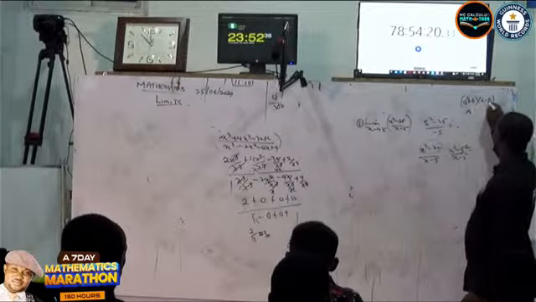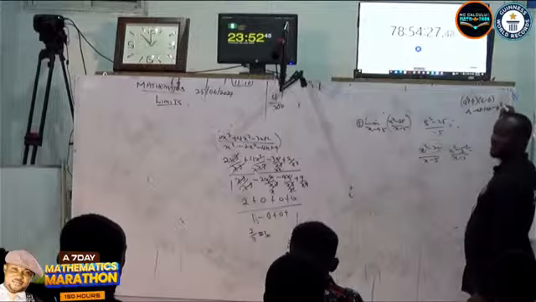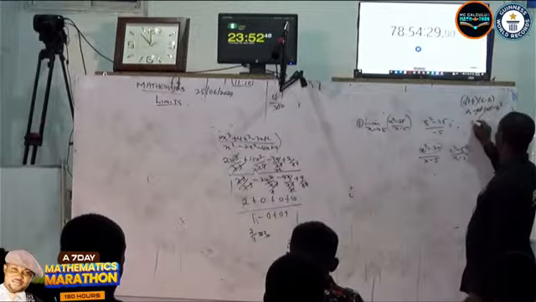What is a times minus b? What is b times a? What is this and this? So minus ab plus ab, what is left?